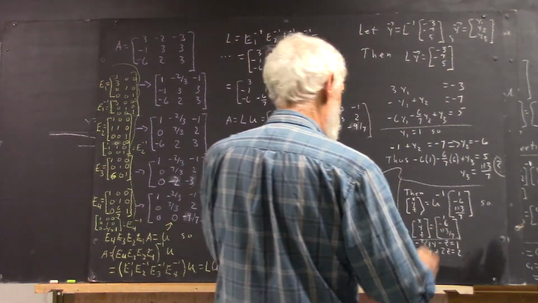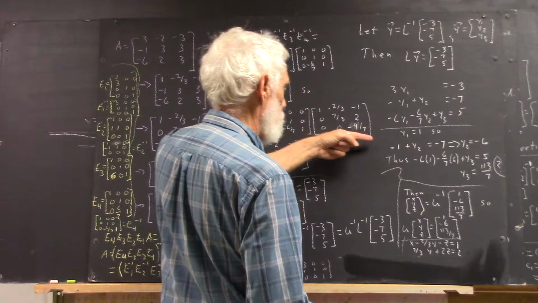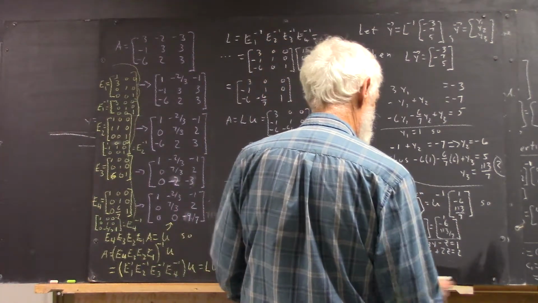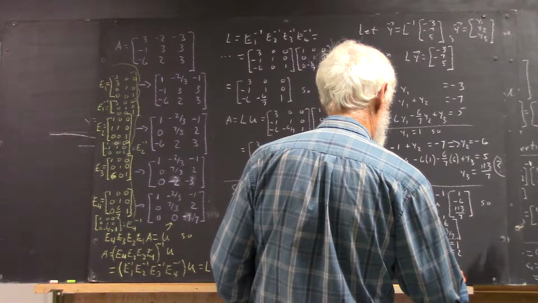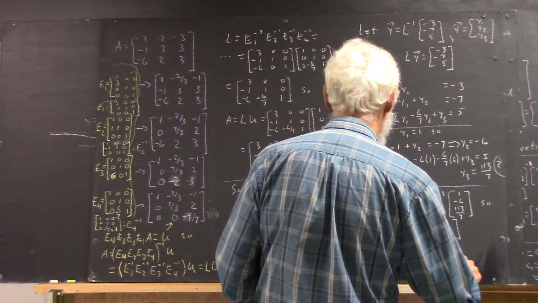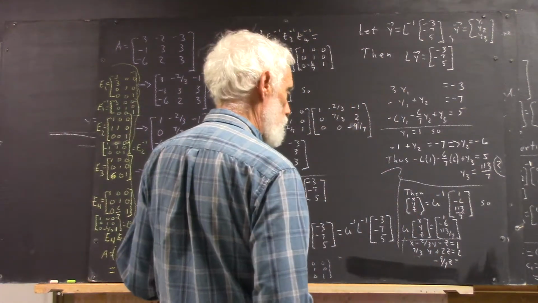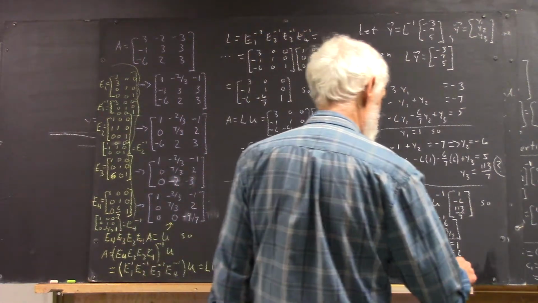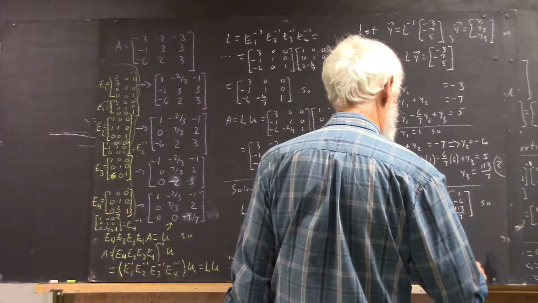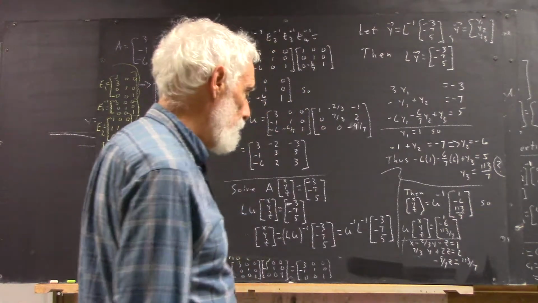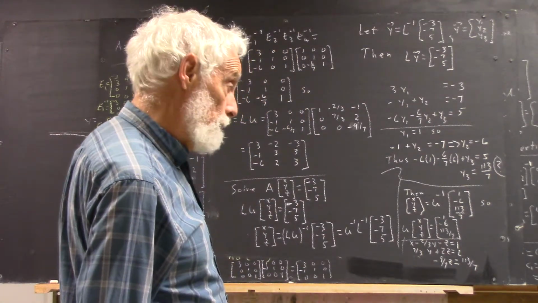Then our third row times X, Y, Z gives us, sorry, yeah, third row is negative 9/7 Z equals 113 over 7.